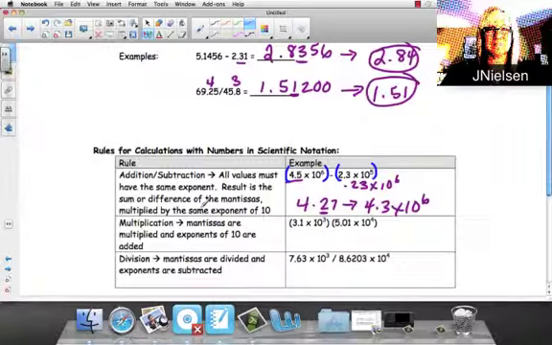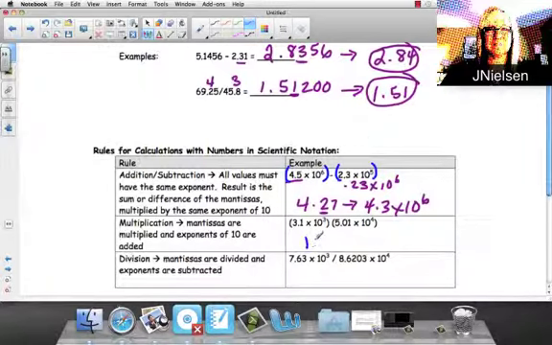And I get an answer of 1.55, and that's going to be times 10 to the 8th.